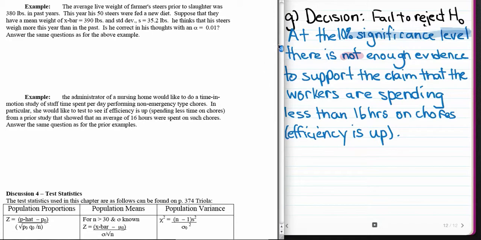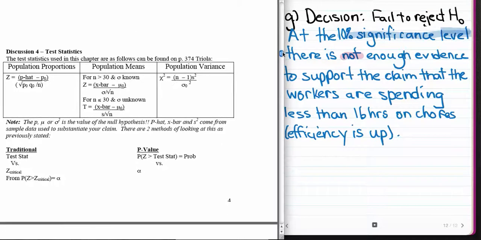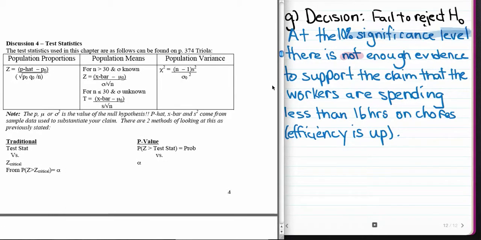Okay, our last discussion is on the critical values, or excuse me, not the critical values, the test statistics. And one of the things that I want to make sure you understand about the test statistics is that test statistics for z's or t's, any symmetric interval, they're all going to look the same.